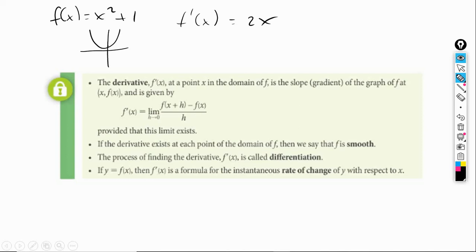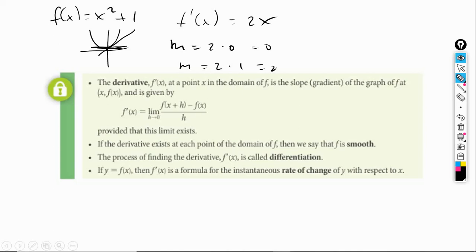Graphically, what this means is that, for example, at 0, remember that the slope would be 2 times 0, so 0. That means that at point 0, the slope of the tangent line would be 0. And we saw that at 1, the slope would be 2. So that means that at point 1, you have a slope that is equal to 2.